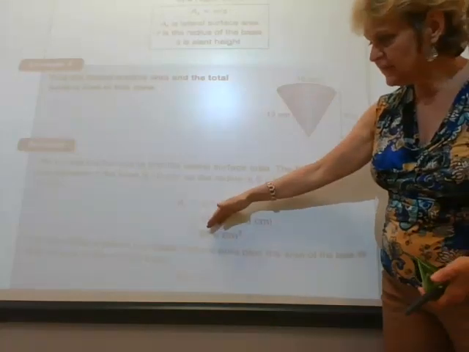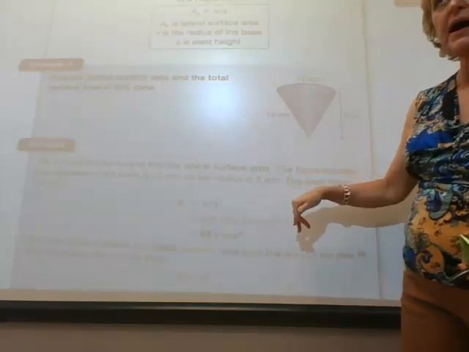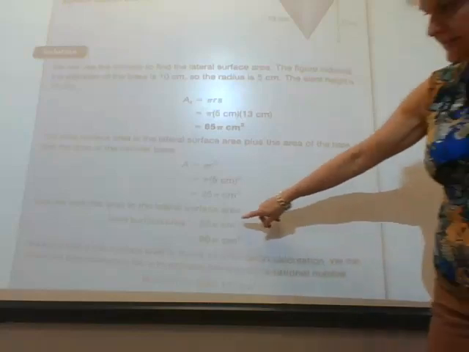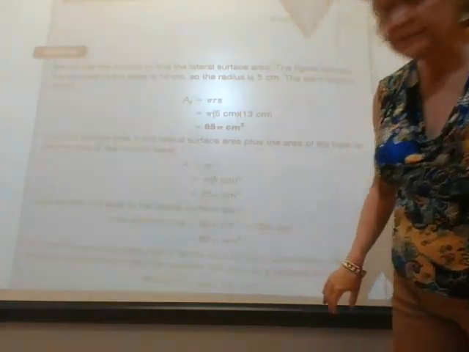So we'd say 65 pi plus 25 pi is 90 pi centimeters squared. And then I think they went ahead and multiplied it out at the end and got 282.6 approximately. All right, so wonderful.